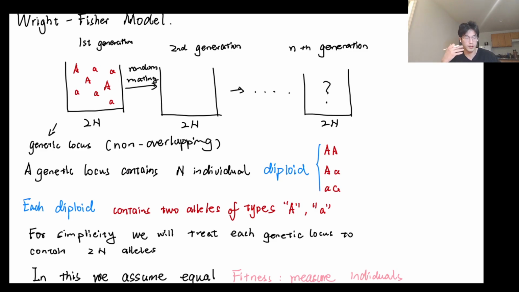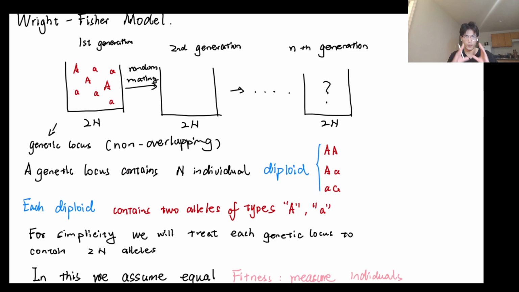And then there are a few assumptions about the Wright-Fisher model. First, that the generations are non-overlapping. By non-overlapping, we mean that, okay, the first generation, how do we produce the second generation? We randomly sample alleles from the first generation, and the sampled allele produces a copy of itself, and then this copy of itself is put into the second generation.